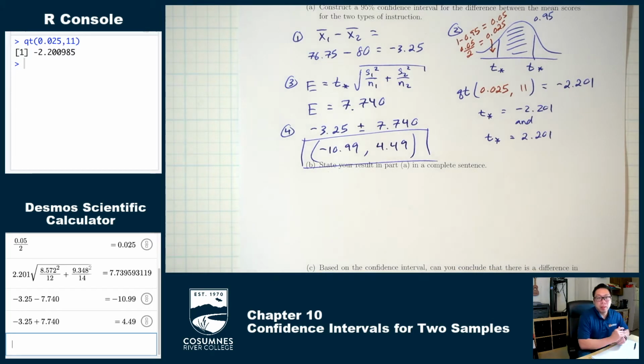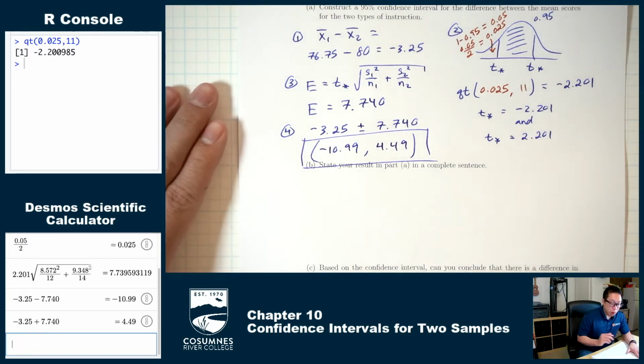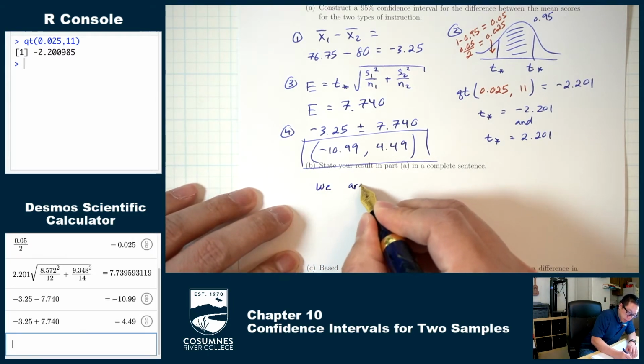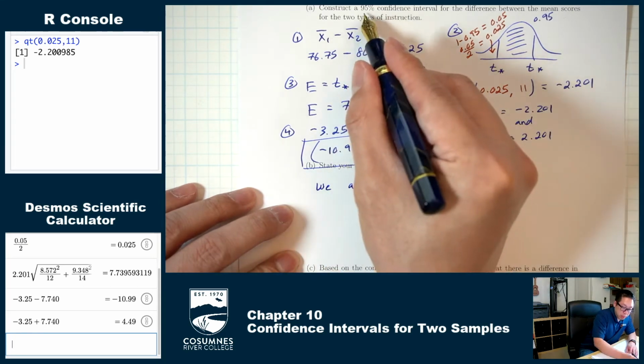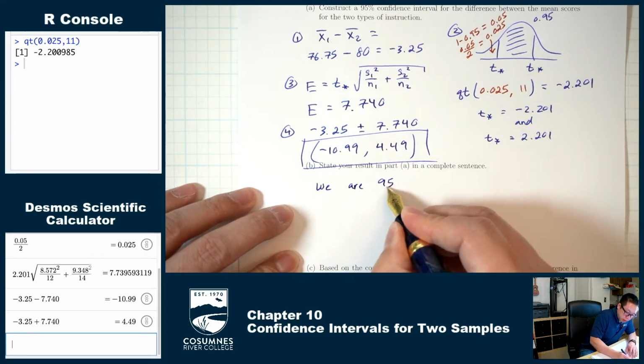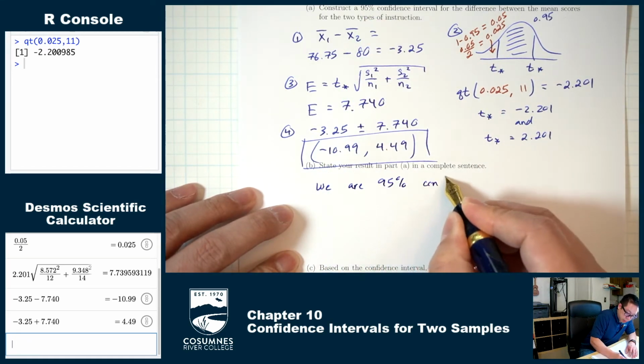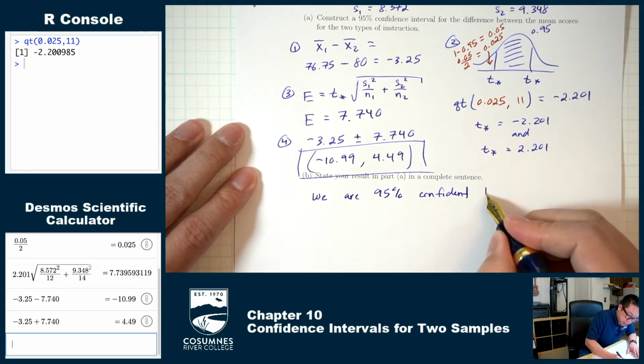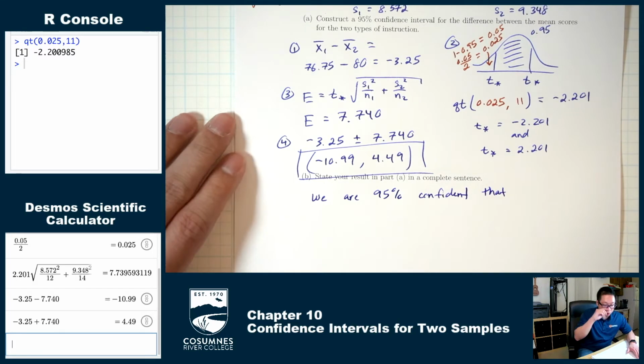Part B, state your result in part A in a complete sentence. So the sentence we want to write for all confidence intervals is: state your confidence level. So we are 95% confident that, what are we talking about here?